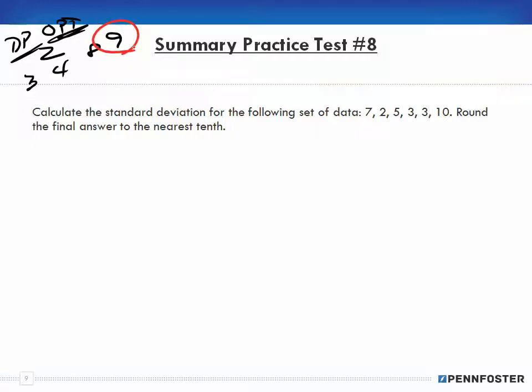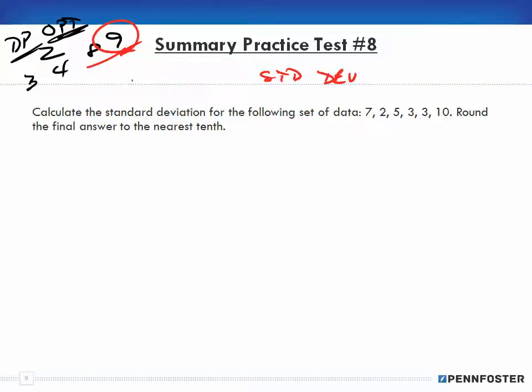In problems 8 and 9, the problem had said to calculate the mean and the standard deviation, okay? And in problem 9, I had pointed out, what happens if the problem just says calculate the standard deviation?